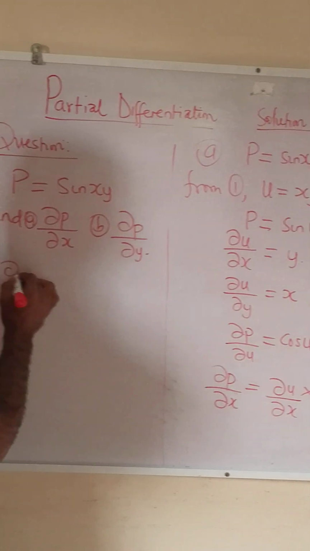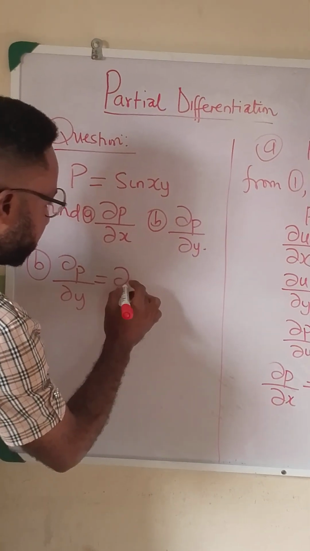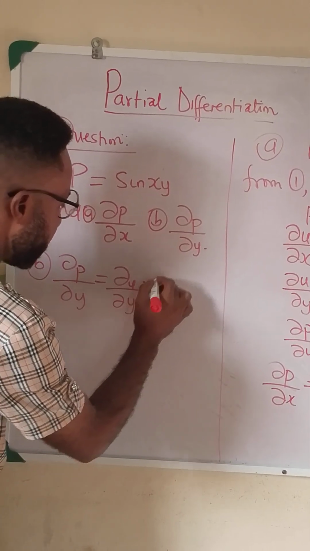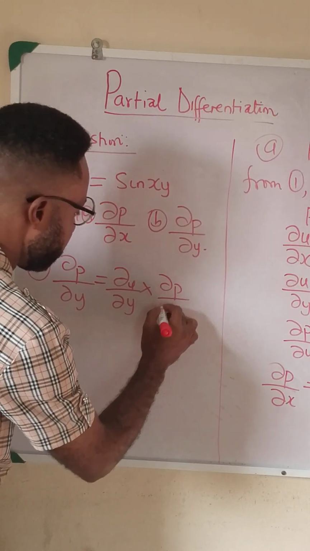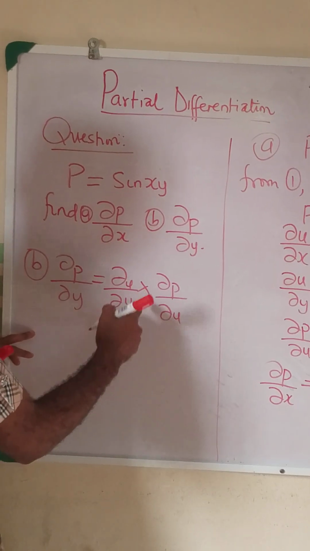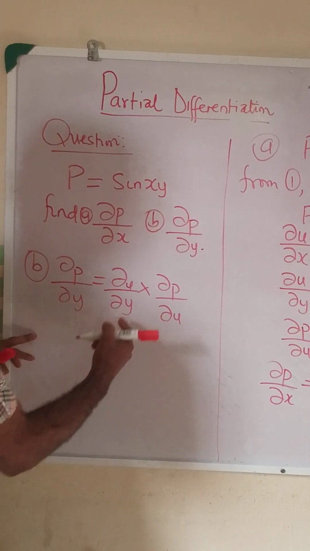So the partial derivative of p with respect to y will be the partial derivative of u over the partial derivative of y times the partial derivative of p over the partial derivative of u. Like I said, if you cancel these out, you are still going to have the same partial derivative of p with respect to y.